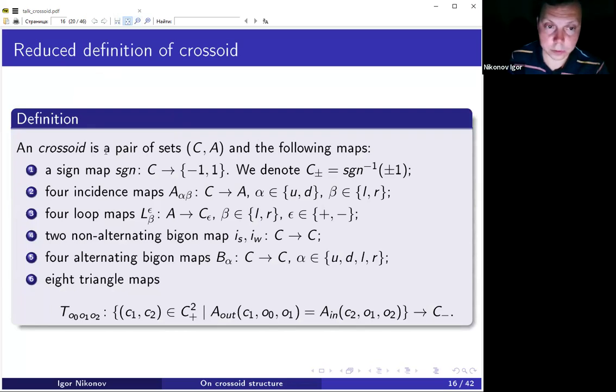So a crossoid can alternatively be defined by using the sign map, the incidence maps, and instead of a sequence of polygon maps, we consider only loop maps for one-gons, bigon maps for two-gons, and triangle maps for three-gons.